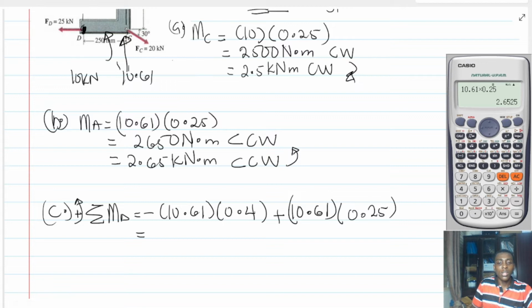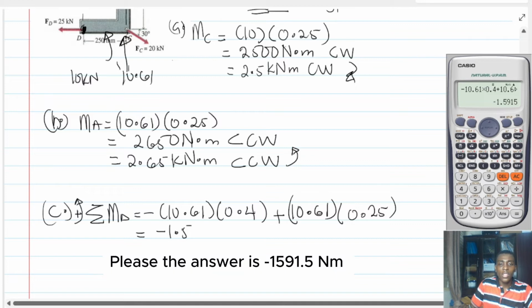And what is it going to be? So minus 10.61 multiplied by 0.4 plus 10.61 multiplied by 0.25. And what is that? So I'm going to get minus 1.59, which is the same as what? 0.90 Newton meter.